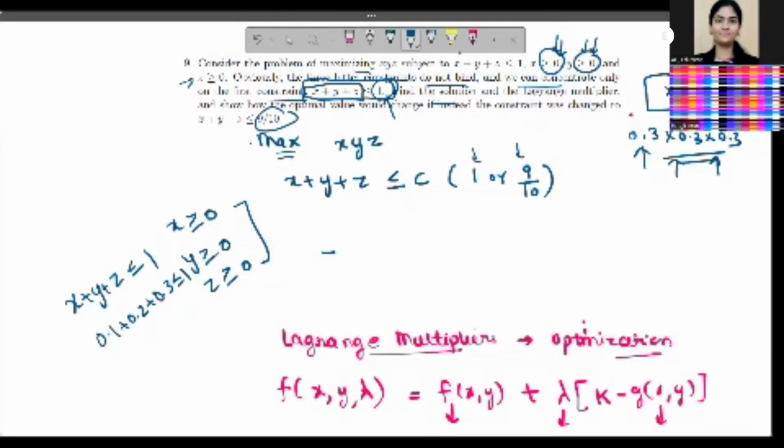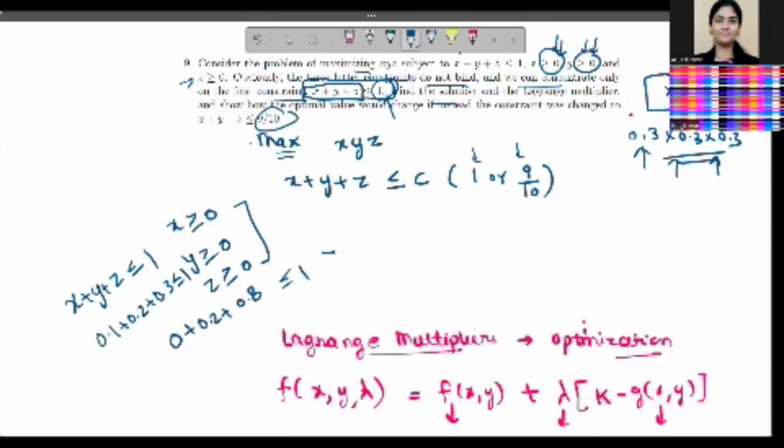If you consider this, or if I consider x as 0, then what y and z have to be? Maybe 0.2, 0.8. We need to think of that value which is not binding.